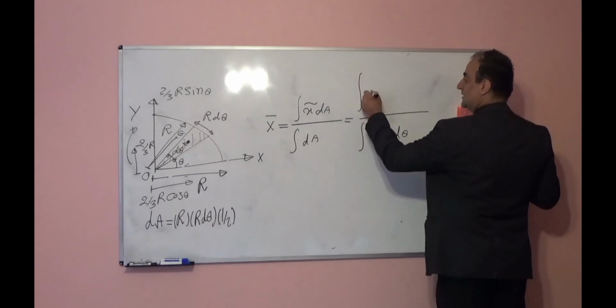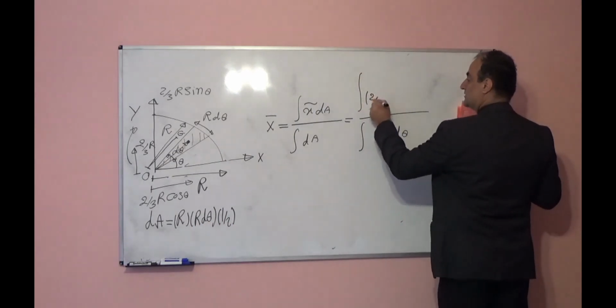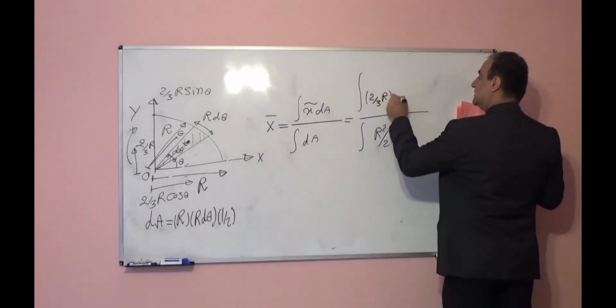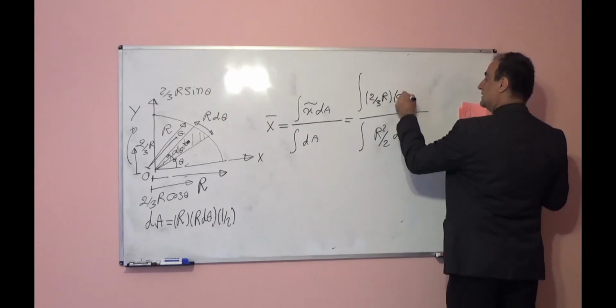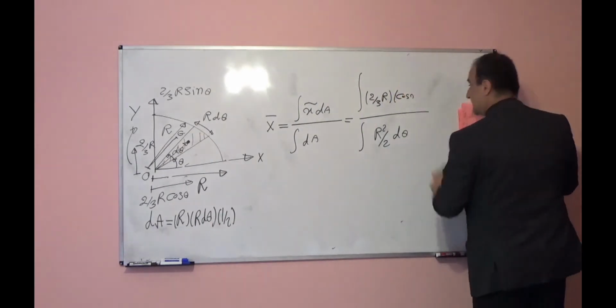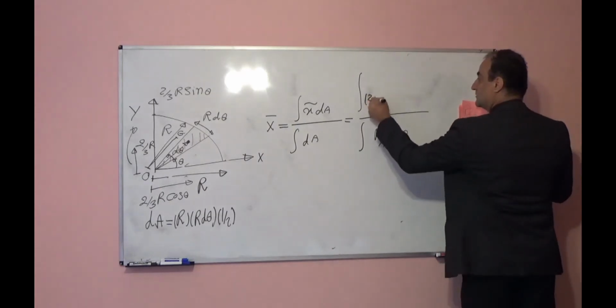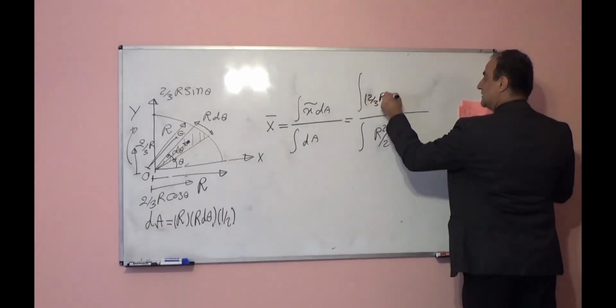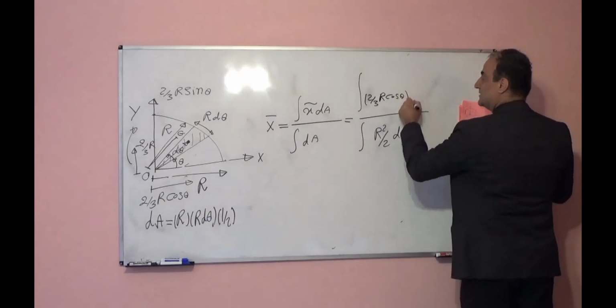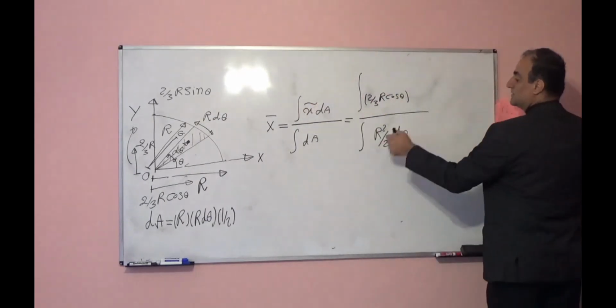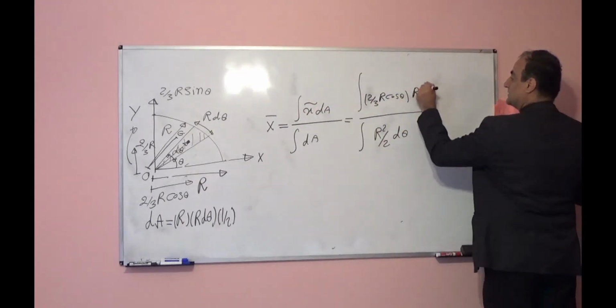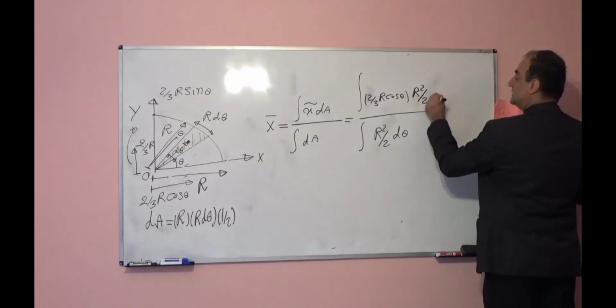Here x tilde will be 2 over 3 r cosine theta. This is x tilde times dA, r squared over 2 d theta.